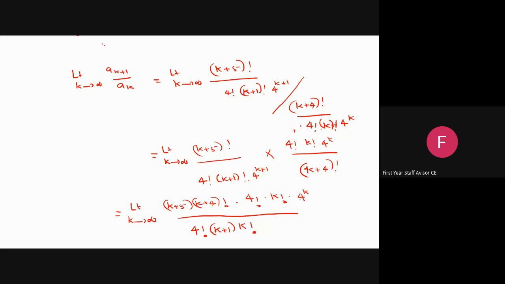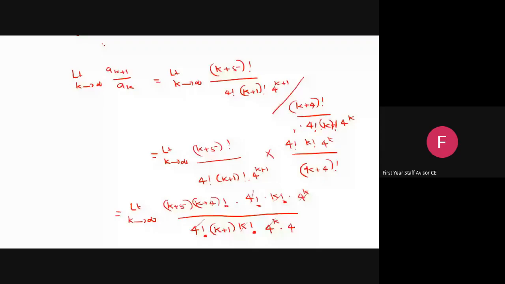Here 4 raised to k plus 1, here 4 raised to k, so we want to cancel. We write 4 raised to k into 4. The factorial is cancelled, and 4 raised to k, 4 raised to k is cancelled.